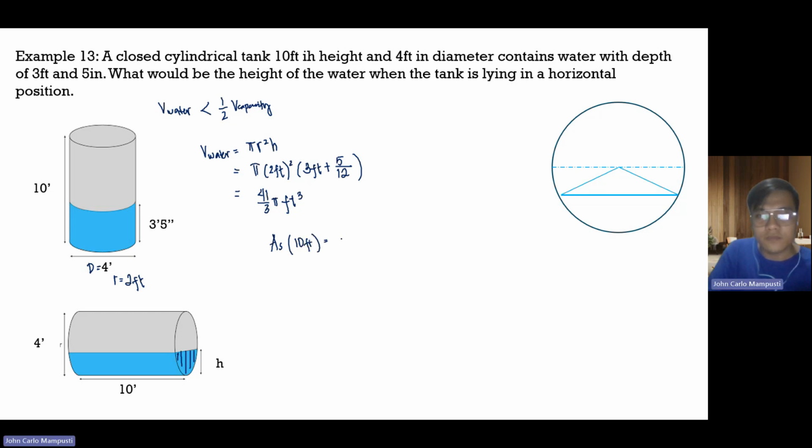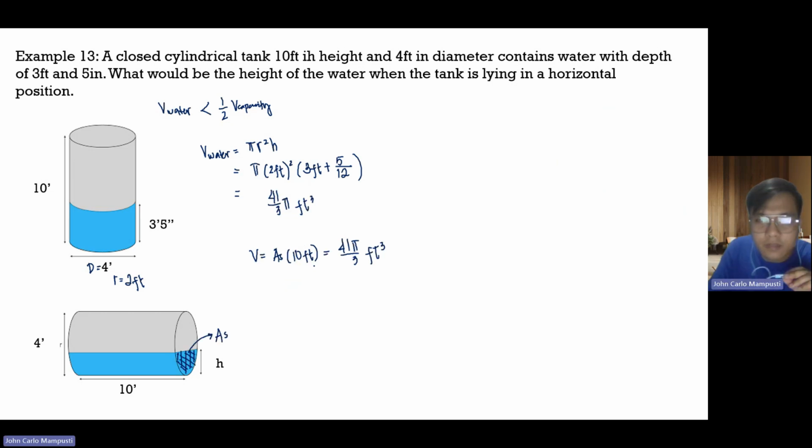So, that is equal to the volume, right? The volume we computed is 41 pi over 3 cubic feet. So, to find the area, this is equal to, okay, so that we're exact, 41 pi over 30 square feet. If you prefer decimal, use decimal, okay?